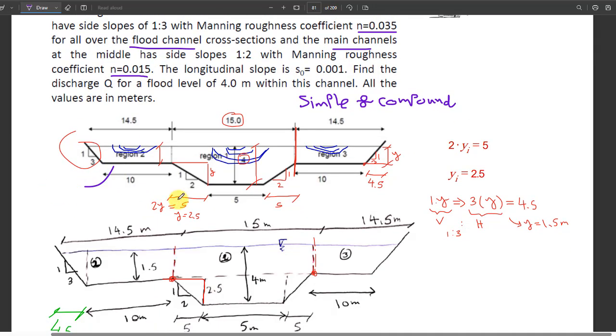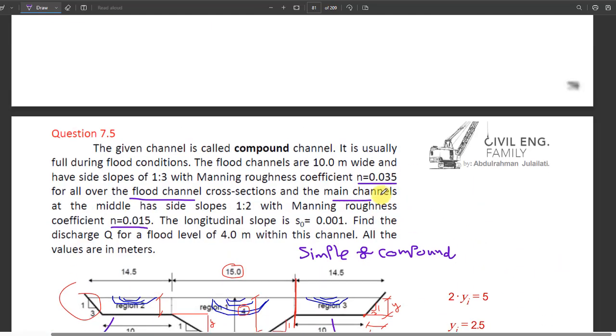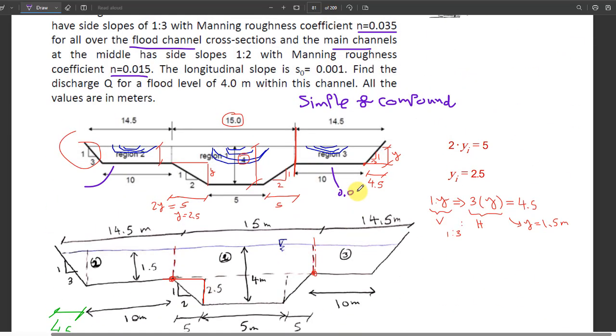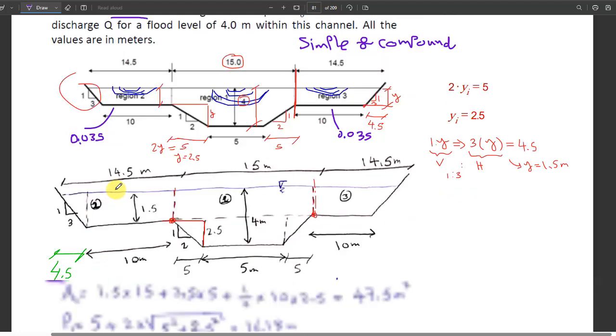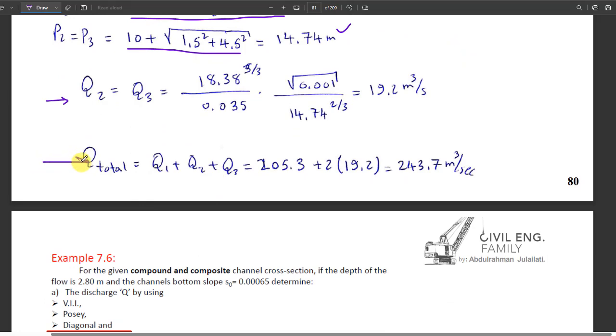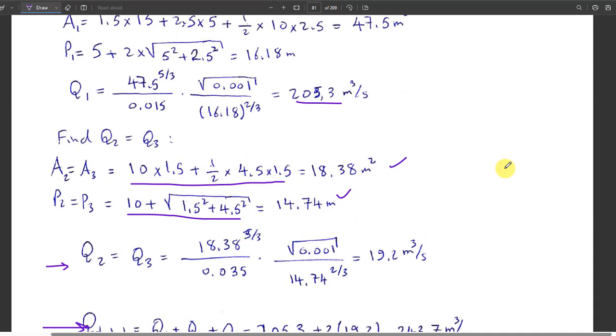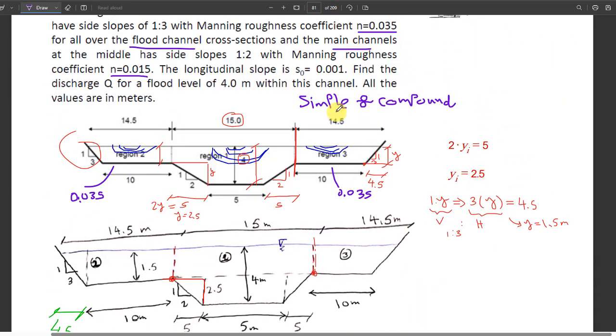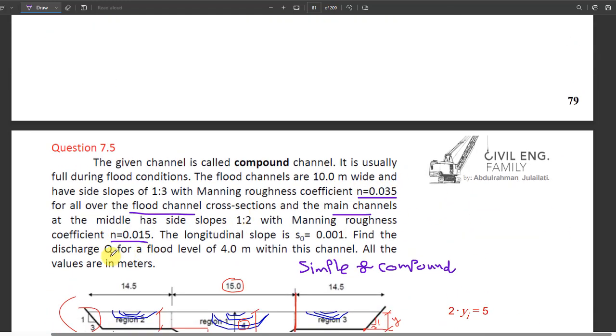Therefore these we have them. 0.035, okay, be careful with the n. Okay, and lastly we take the summation Q total, which is the summation of all of them. So that was the only question which was asked of us.